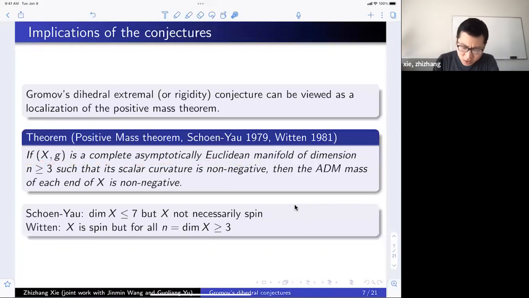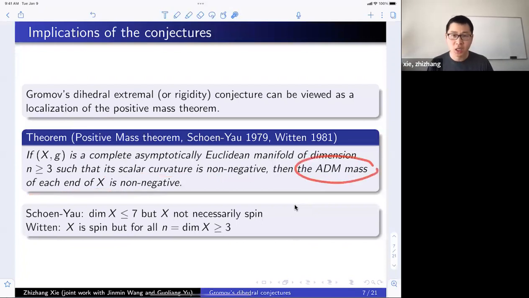There's a precise definition, of course, but I will not get into that. And the key assumption here is that its scalar curvature is non-negative everywhere. Then the conclusion is that the ADM mass of each end, so it can have more than one end, has to be non-negative.